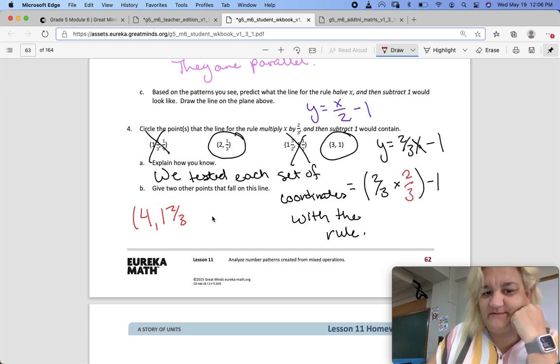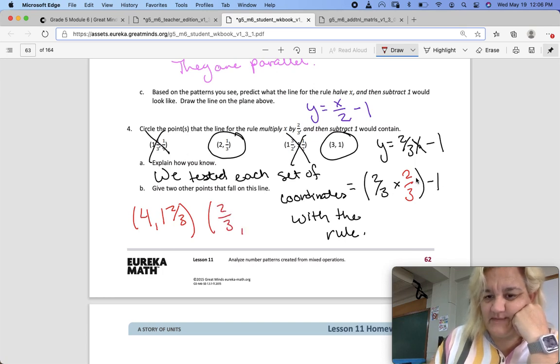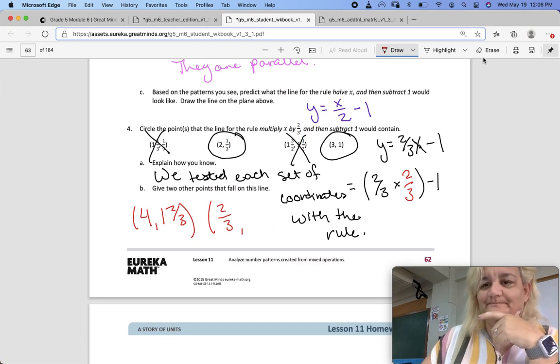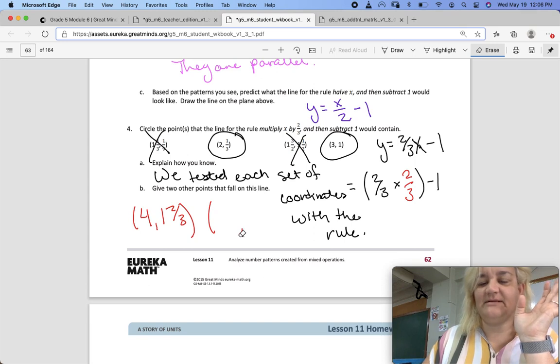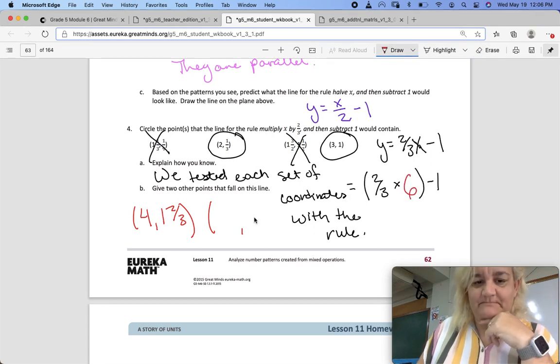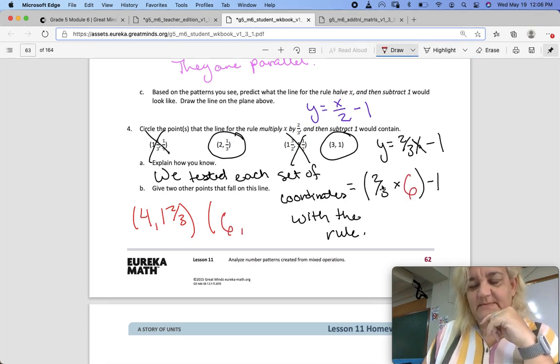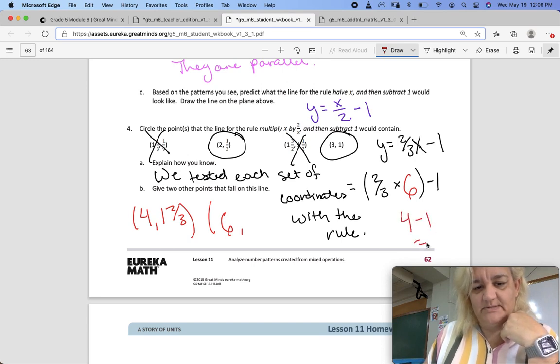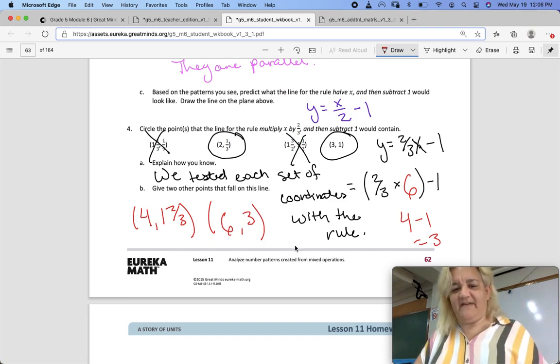Okay? So if x is 2/3, shoot. Try not to give you a negative number because I don't want to confuse anybody. So let's try a different one. That's not going to work either. We'll just go whole numbers. Nice big fat numbers. 6. 6 times 2/3 would be 12/3. 12 divided by 3 is 4. Minus 1 equals 3. Okay. Big fat numbers. Nice.